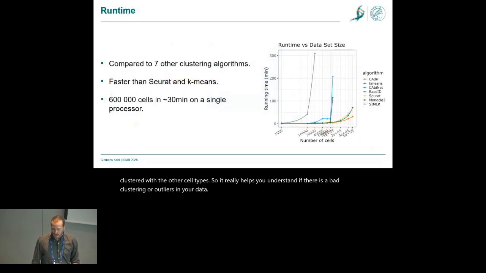In terms of runtime, we compared it to 7 other clustering algorithms that are commonly used. And at least in our comparison, it's the fastest algorithm. You can cluster roughly 600,000 cells in 30 minutes on a single processor.